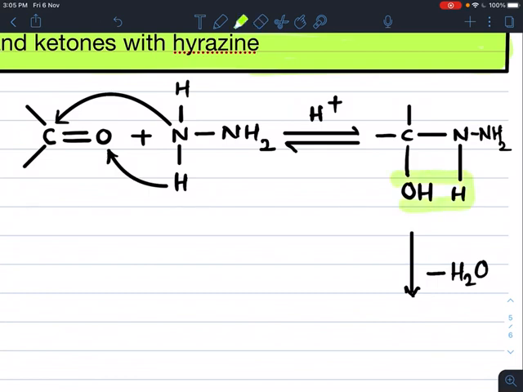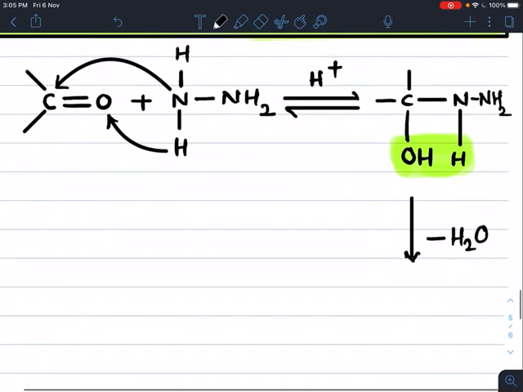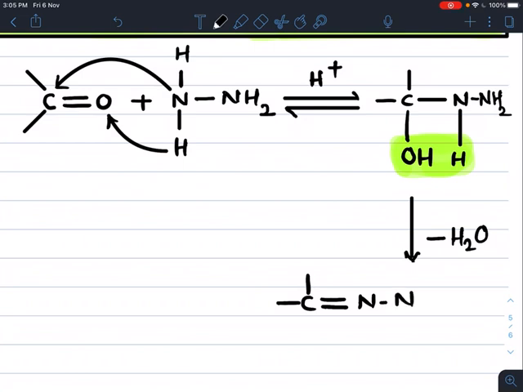So H2O is removed from this addition product, and finally we get the dehydration product of this intermediate compound, which is this carbon doubly bonded with NH2. The name of this compound is hydrazone. So we get the corresponding hydrazone.